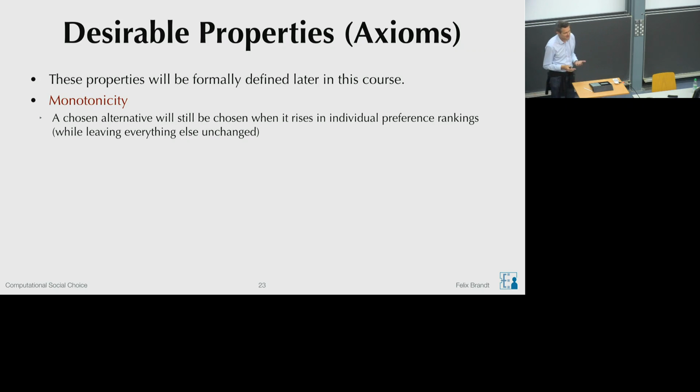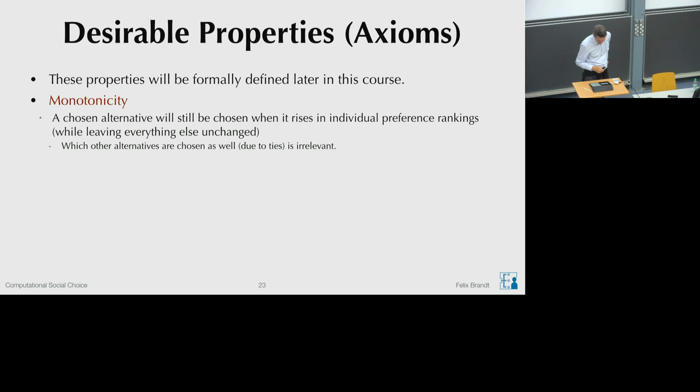And if monotonicity is violated, then you can have a case where somebody convinces more voters to vote for this person, and this actually makes the winner into a loser, right? If monotonicity is violated. And this is something that should not happen. So the more voters you convince of voting for you, a candidate that wins an election should still be a winner of the election.